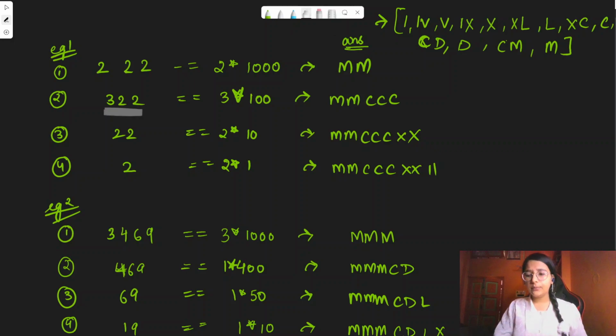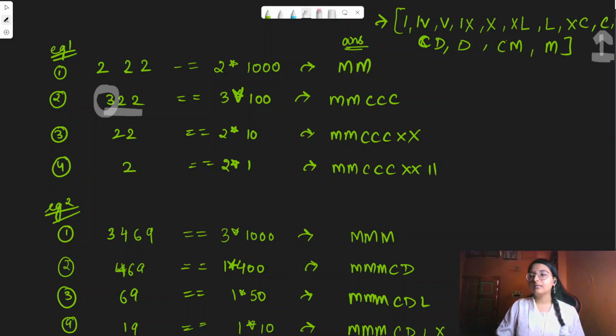And after that, we will do the same thing for this other number, that is 322. In this 322, again we check the highest Roman numeral which maps to this 3, and that is basically 100, right? So our index would be at this point, and then we directly check the count with which we multiply to get this 300.